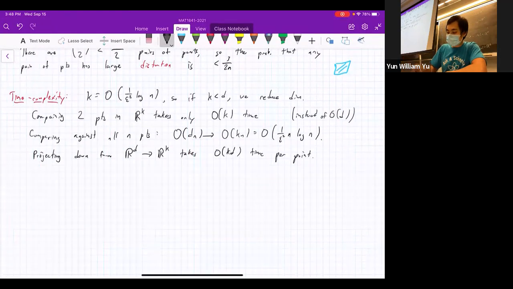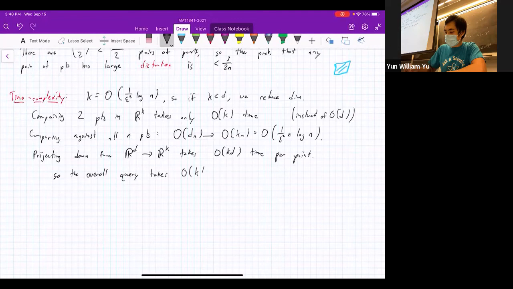This is a little bit of an issue. So the overall query takes O of kd plus kn time, which is equal to O of 1 over epsilon squared log n times n plus d time.